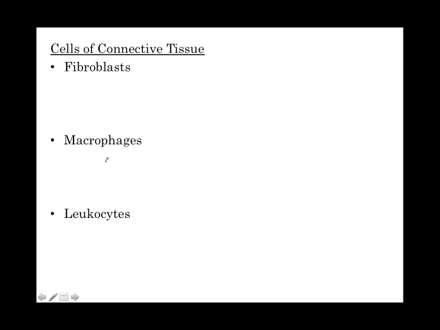Macrophages. These are phagocytic cells. They wander through the ground substance, through the connective tissue, breaking down any particulate matter, any dead or dying cells, any bacteria that might be present. That's their job.